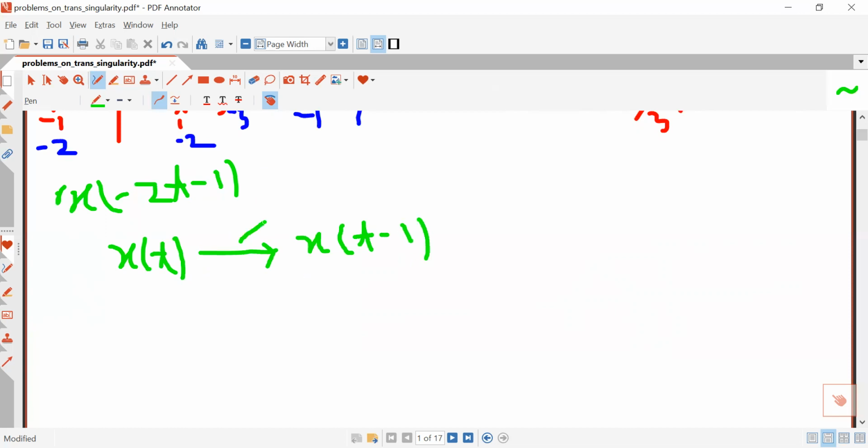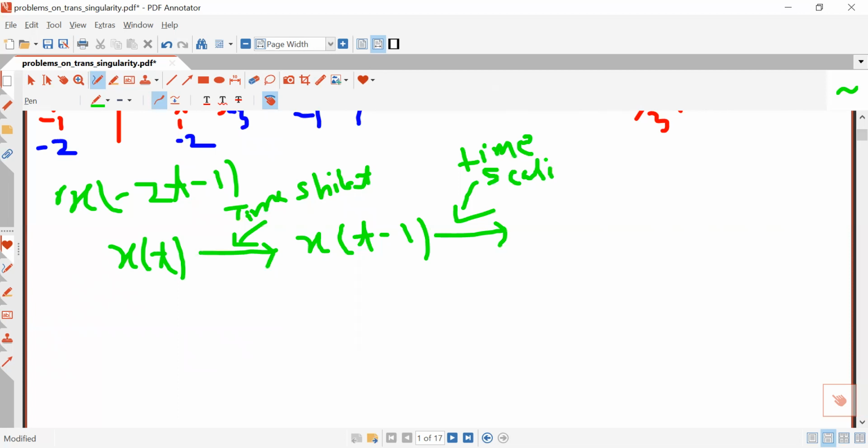This is time shifting. And after time shifting, what will you do? You can use time scaling now. Through time scaling you can get x(2t-1), by replacing t by 2t.